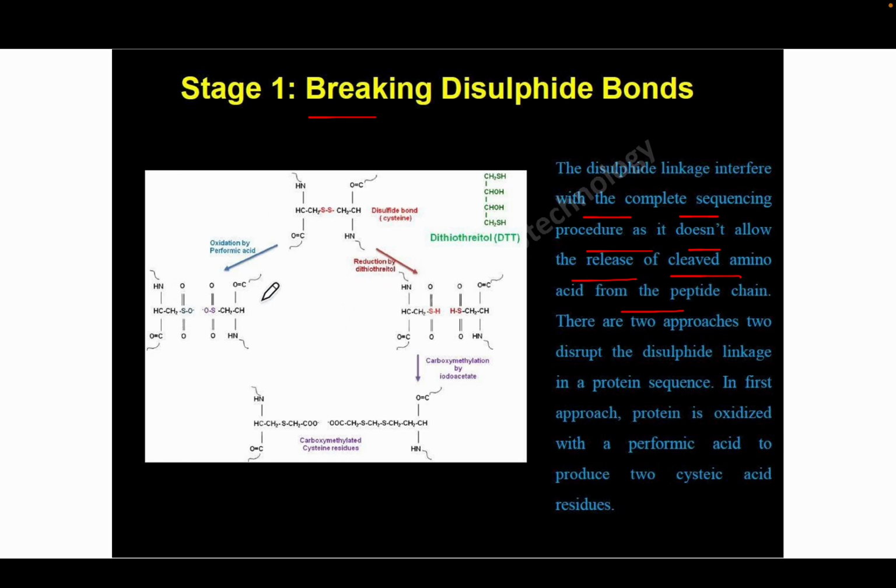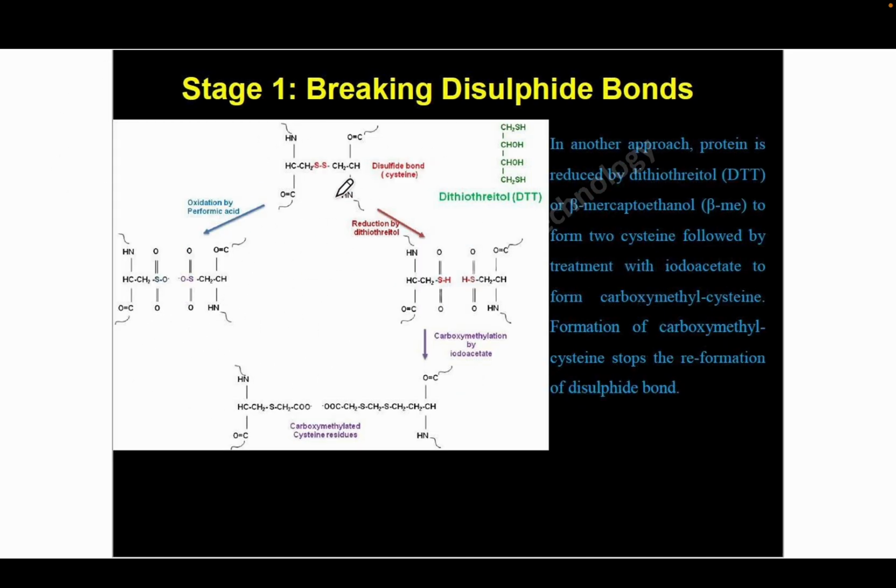So in the first step, after oxidation with performic acid, two cysteic acid residues are produced, and in the other approach the disulfide is reduced by DTT or BME, forming two cysteines, followed by treatment with iodoacetate to form carboxymethyl cysteine. So this is carboxymethyl cysteine, to stop the reformation of the disulfide bond.